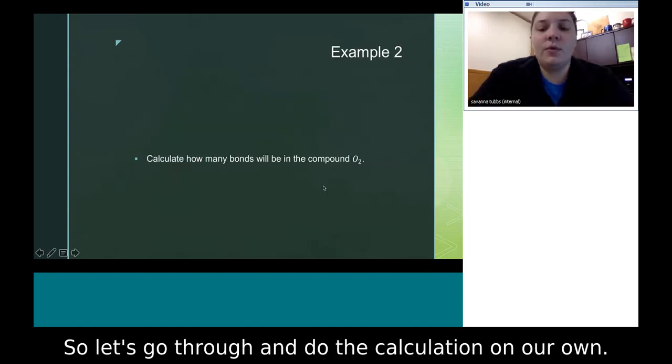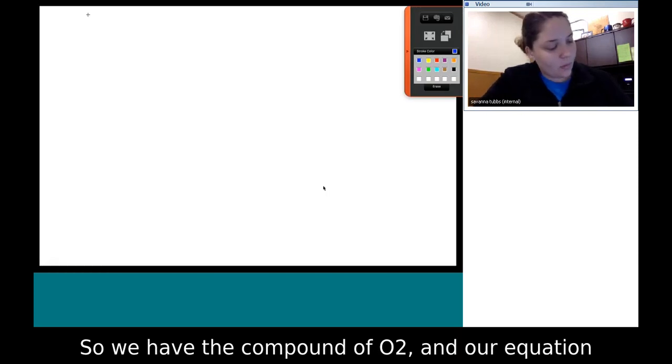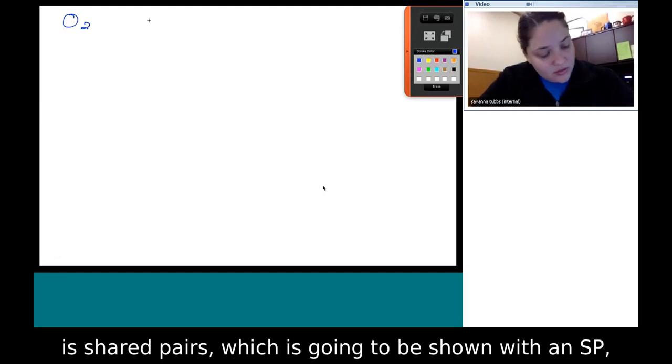So let's go through and do the calculation on our own. So we're going to calculate how many bonds O2 will produce. So we have the compound of O2, and our equation is shared pairs, which is going to be shown with an SP.